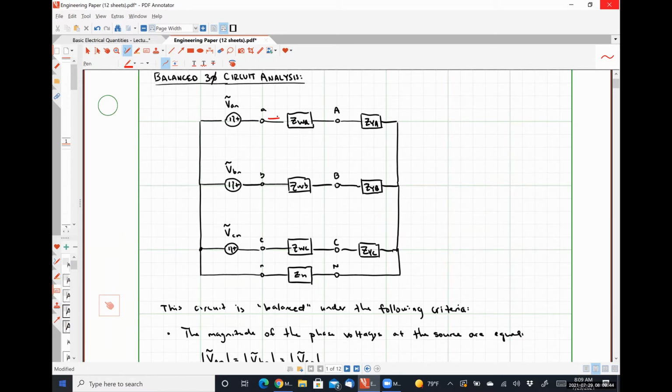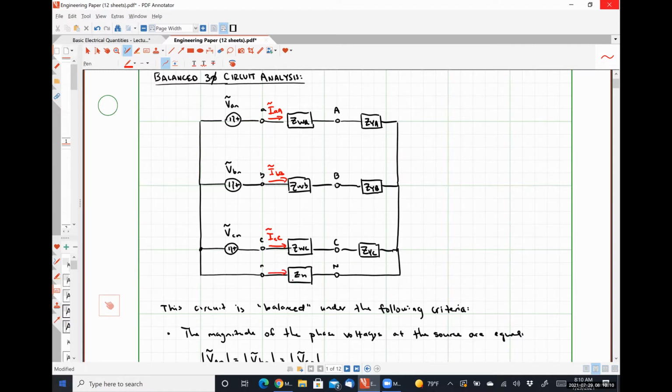This current flowing from lowercase a to uppercase A, I will denote as IAA. Current flowing through transmission line B from lowercase b to uppercase B is IBB. The current flowing through transmission line C from lowercase c to uppercase C is ICC.